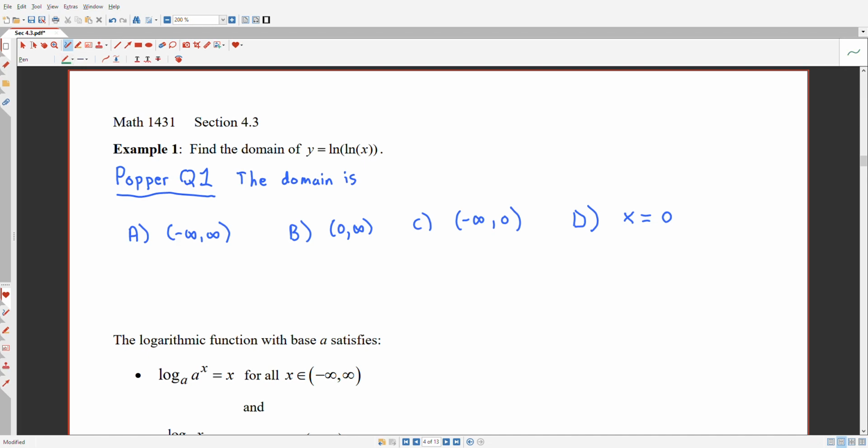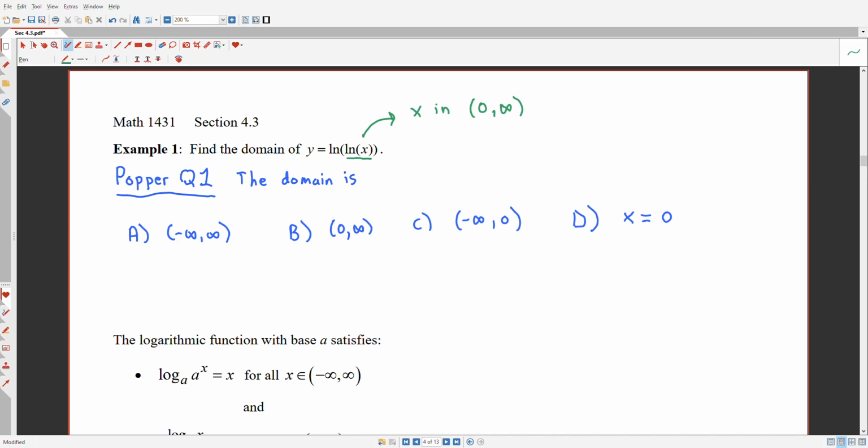And so this inside function, natural log of x, has as the domain x can be in the interval from 0 to infinity, right? We can take the natural log of any number that's bigger than 0.